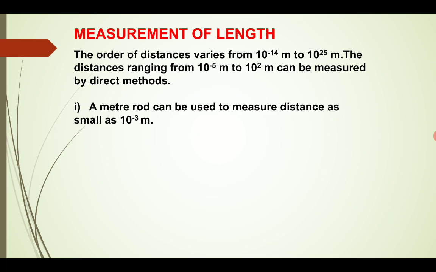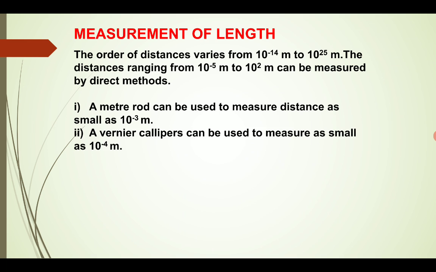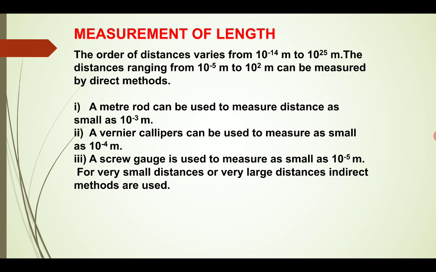For example, we can use a meter rod to measure a distance of 10 raised to power minus 3 meter, that is 1 millimeter, on a given meter scale. Again, an instrument known as vernier calipers is used to measure distances of the order of 10 raised to power minus 4 meter, and a screw gauge is used to measure small distances of the order of 10 raised to power minus 5 or 10 raised to power minus 6 meter.